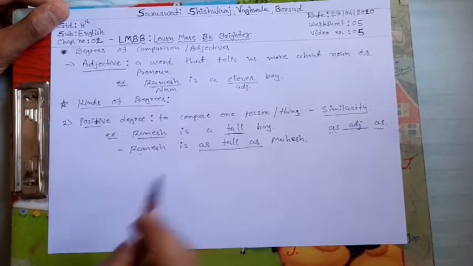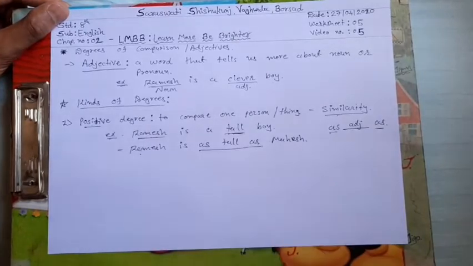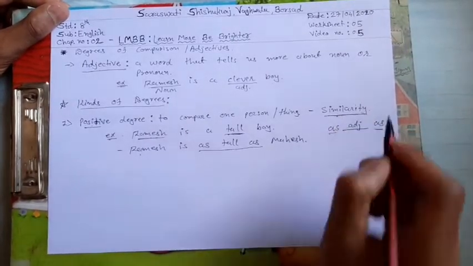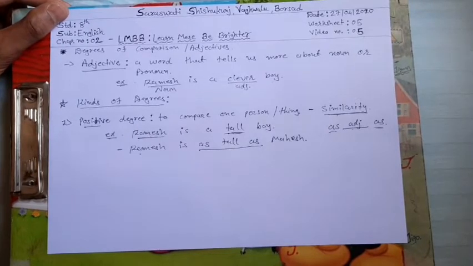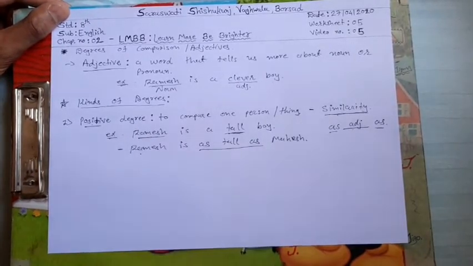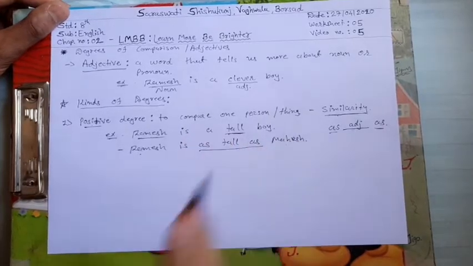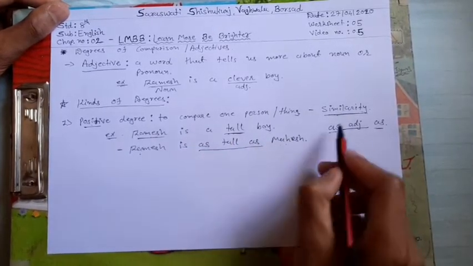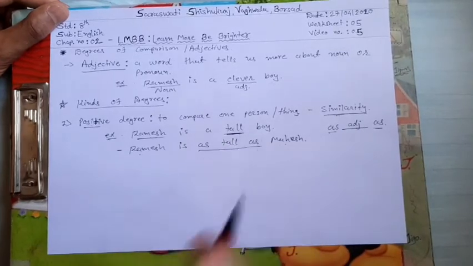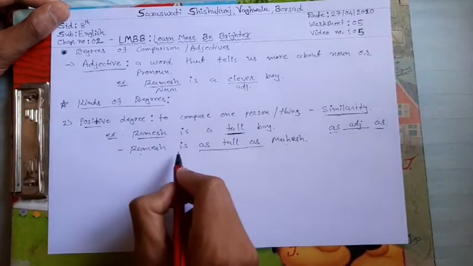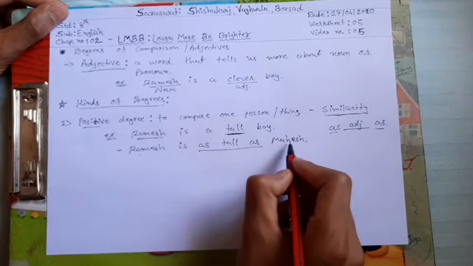Ramesh is a tall boy, Mahesh is a tall boy. We are talking about similarity. Both are similar, their quality is tall. So Ramesh is as tall as Mahesh.